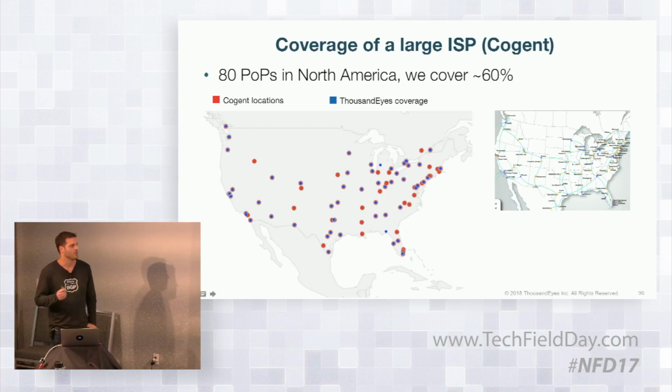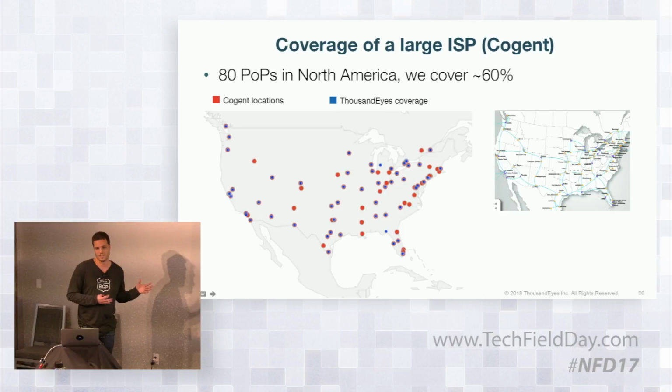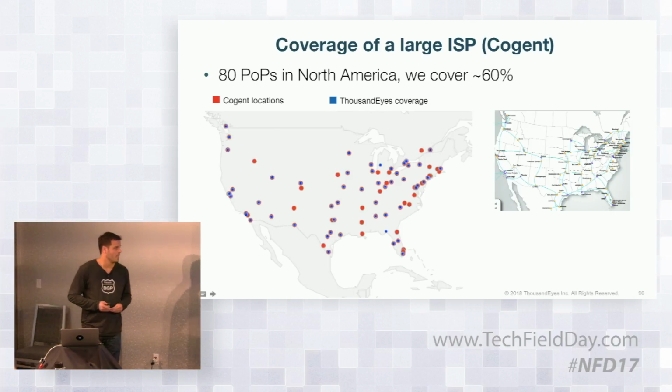This is yet another way to look at the coverage. What we did is pick one big network, in this case Cogent, and look at the world map they have available on their homepage, and compare it with the locations that we cover from the path traces that we sent from all the agents. So how many of their POPs do we cover? If you look, there's a big overlap in terms of coverage.